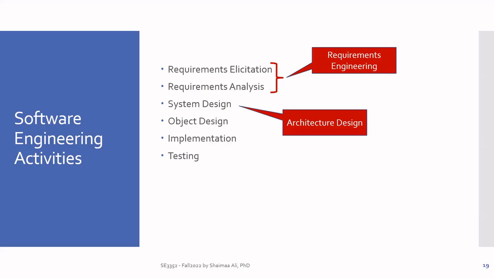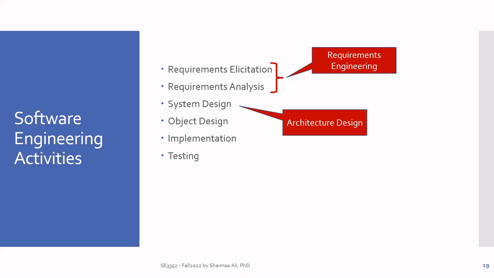Now, system design is also called architecture design. Even though the course is mainly focused on requirements engineering, we're going to talk about the agile methodology in a little bit. The lines between the different activities are becoming more and more blurry with the agile methodology.